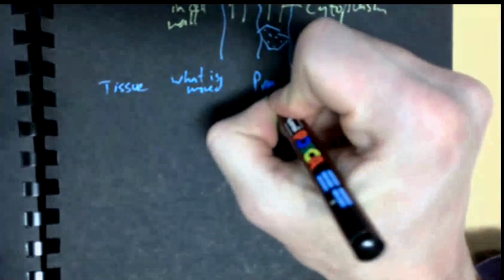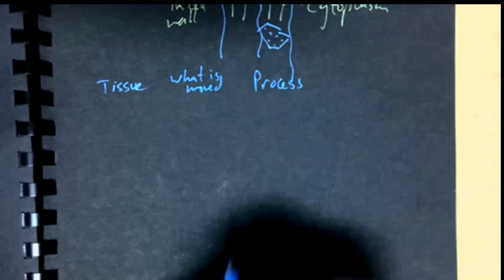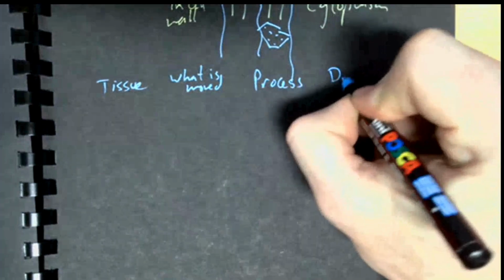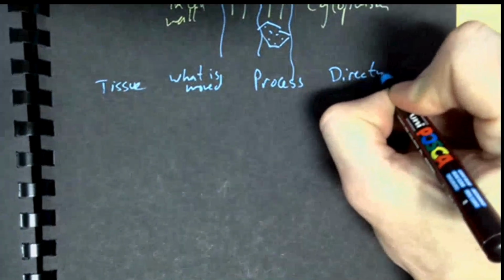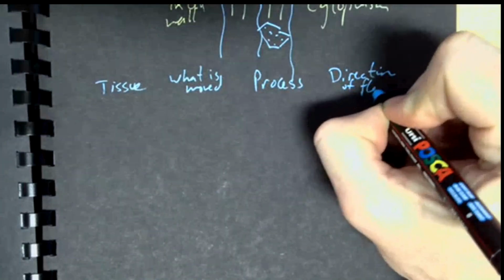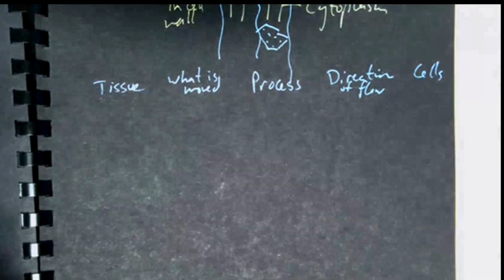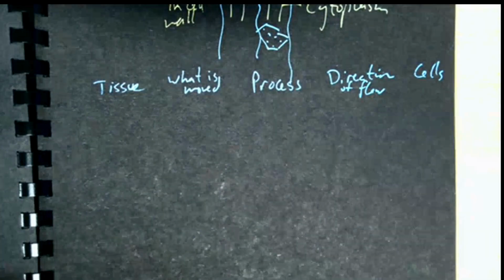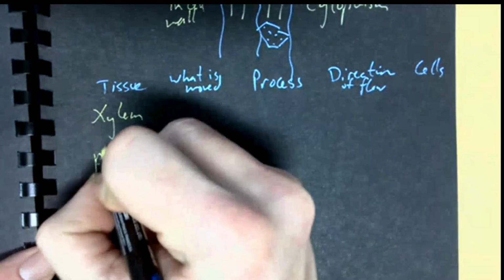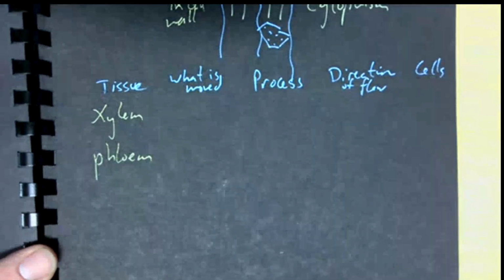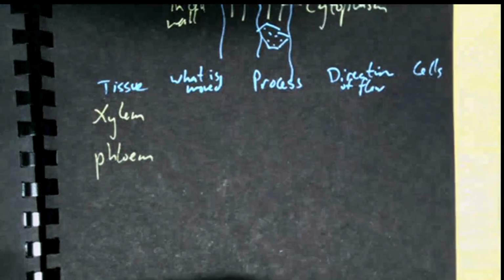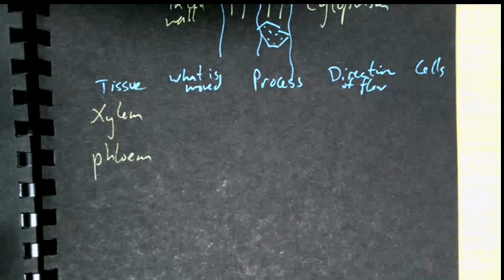Got our process. So what is the process called? Got the direction of flow. And then we've got any important reference of the cells. So xylem and phloem. So have a quick minute now, see if you can just fill that in.